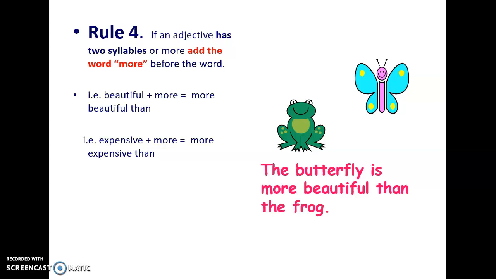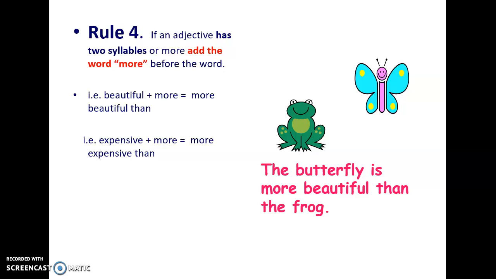¿Qué pasa entonces en resumen con mis adjetivos cortitos? Que solamente tengo que agregarles ER y tengo que respetar mis reglas de ortografía, que ya les mencioné. ¿Qué pasa con mis adjetivos largos? Tengo que agregar more en lugar de ponerle la terminación ER. Acuérdense que no puedo mezclar esas dos reglas.